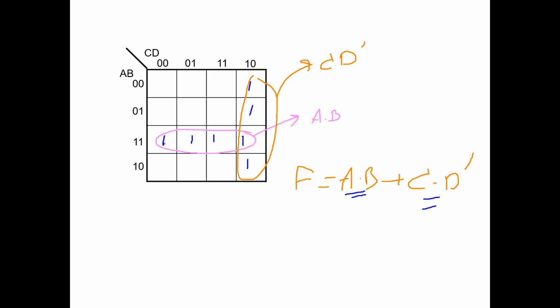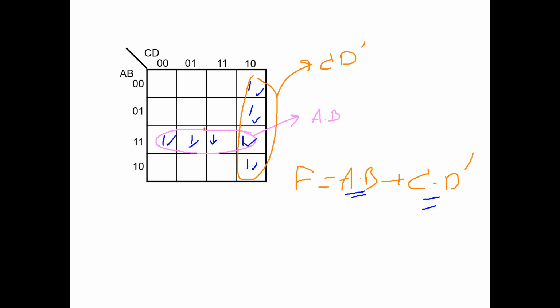Your output of the function wants to be 1 when the input is in this cell. So when you group it, the cell that is selected will give logic 1 output. For example, listen carefully.